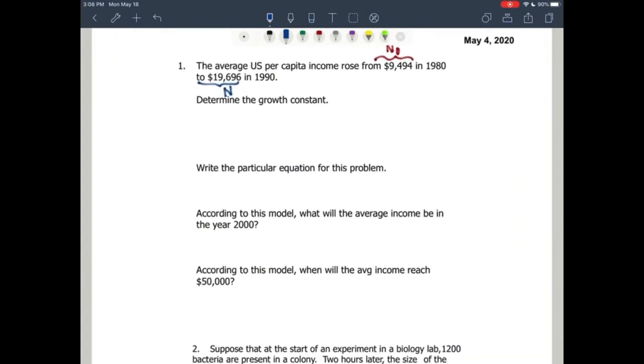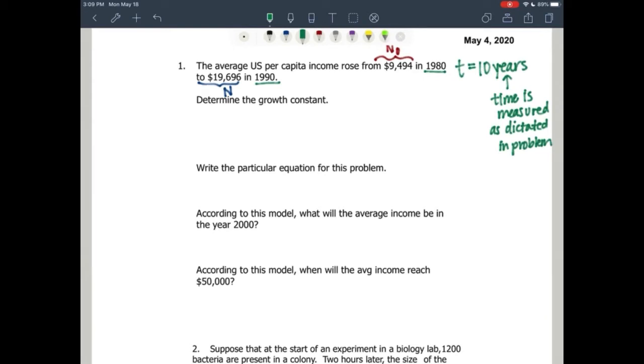So our ending value is 19,696. Now by giving us 1980 to 1990, they're telling us that time equals 10 years. So time is measured in years because it's dictated in the problem.